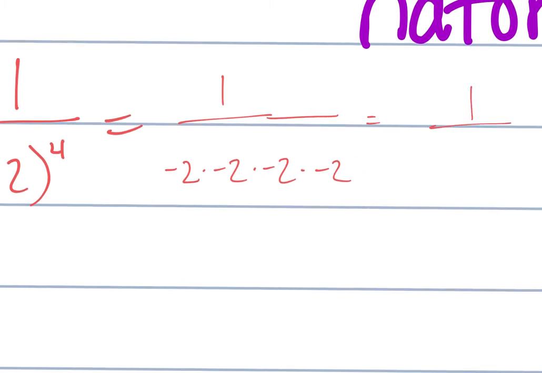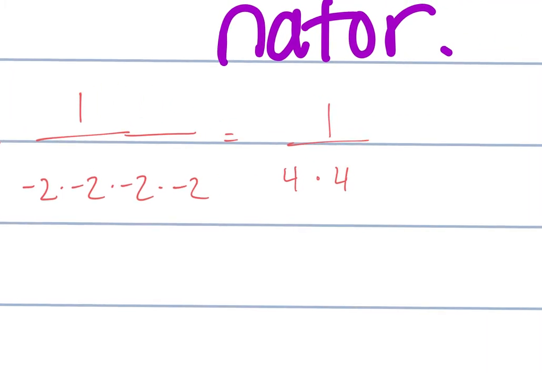It's positive 4. And then if we do it again, negative 2 times negative 2 is positive 4. So it's 1 over 16.